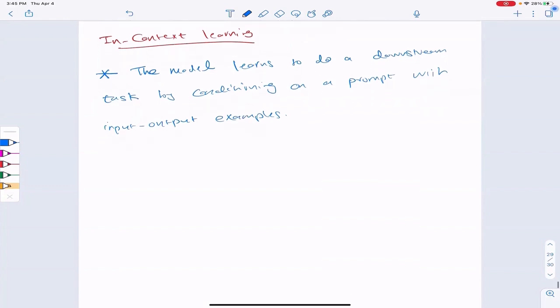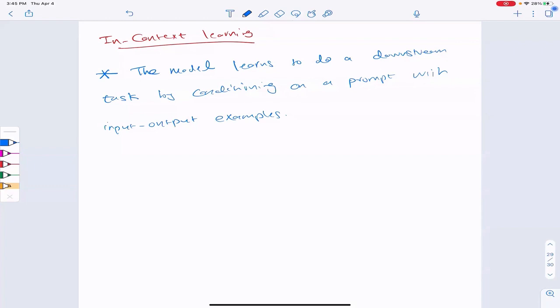For example, if you want your model to generate some particular responses to particular questions, you can add some templates, some demonstrations in your prompt. You can say, here's my question that I want you to answer, and here are some example questions and answers that I give you. And in many cases, that helps the model generate better responses.